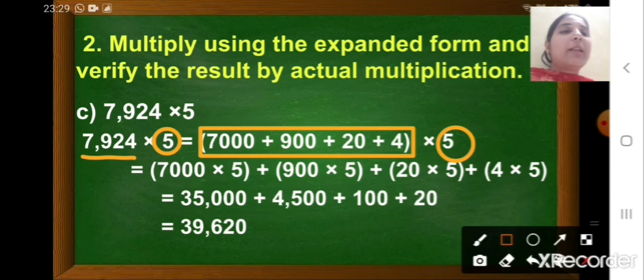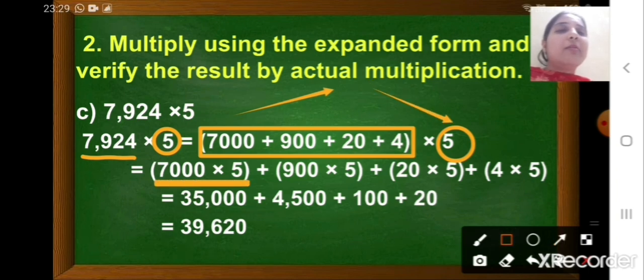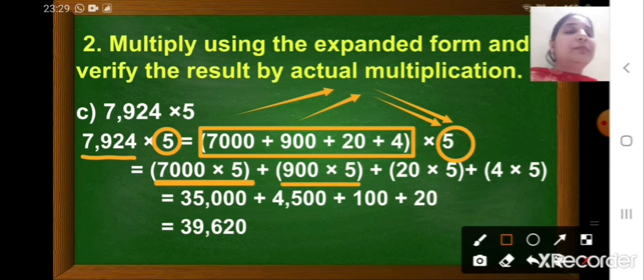So first we will multiply this 7,000 by number 5 here. So there you can see 7,000 multiplied by 5. Then we will multiply 900 multiplied by 5. So plus 900 multiplied by 5 that you can see here.